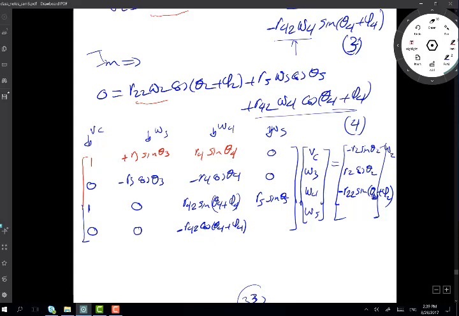Then I have omega 5, which has minus R5 cosine theta 5. Here I have plus R2 cosine theta 2 plus phi 2.